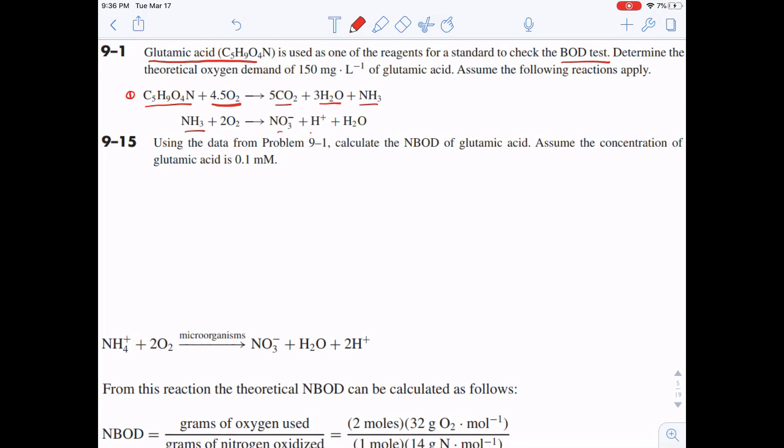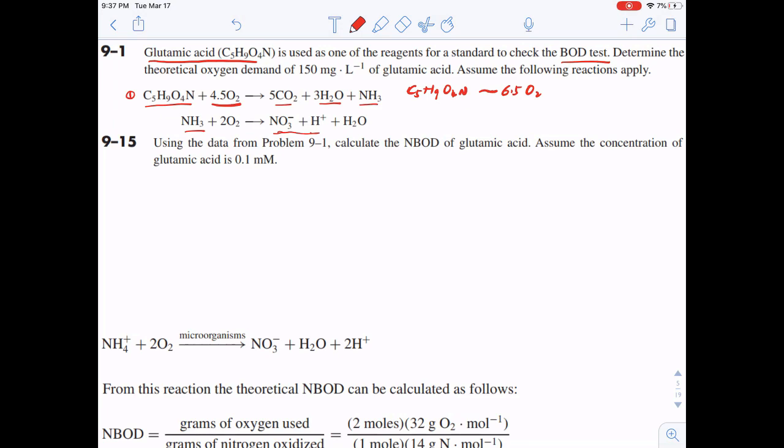Further, the ammonia can get oxidized to form these ions here, and there's no way that these ions can get further oxidized. What this means is that each mole of glutamic acid, C5H9O4N, is going to react with 6.5 moles of oxygen.